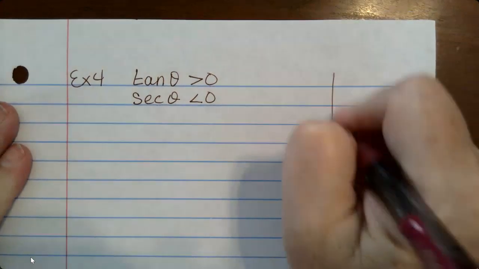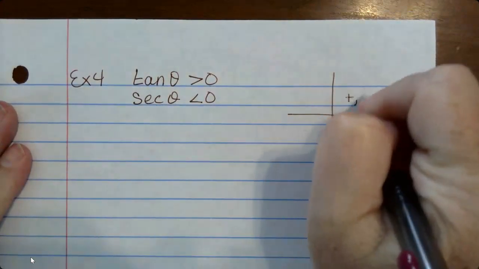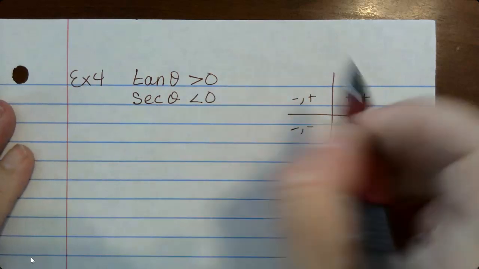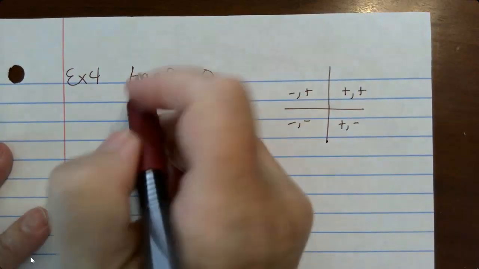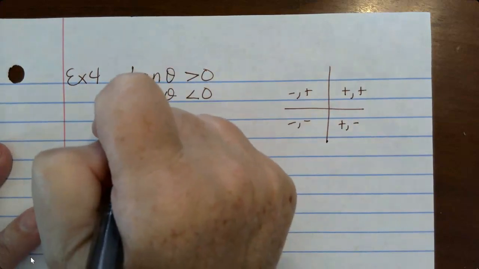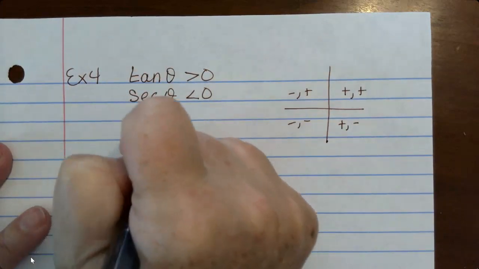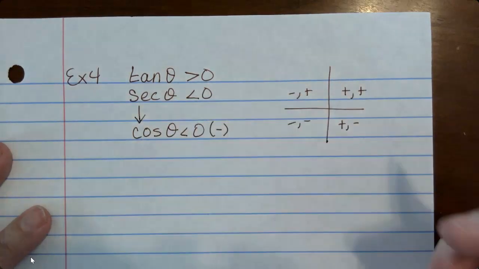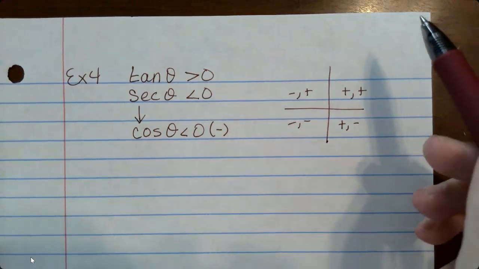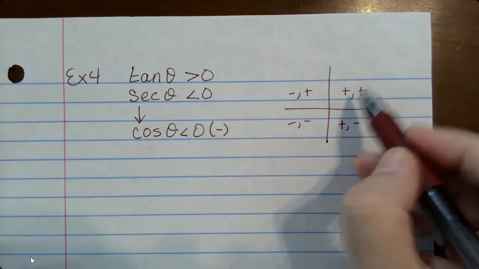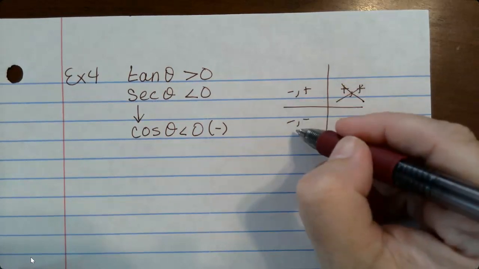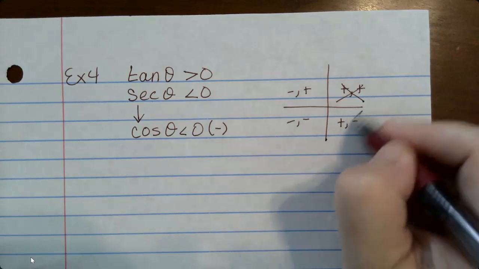Okay, so if I had to choose, while I draw this, plus plus, minus plus, secant would be where I start first. So secant is just cosine. Okay? And if we're less than 0, we're negative. Okay, so cosine is negative. Okay, quadrant 1? No. 2? Yes. 3? Yes. 4? No.